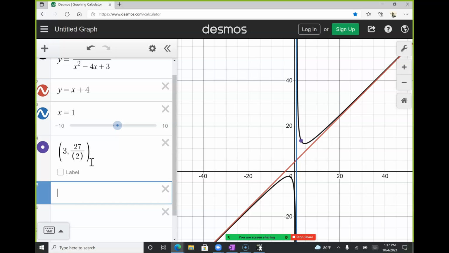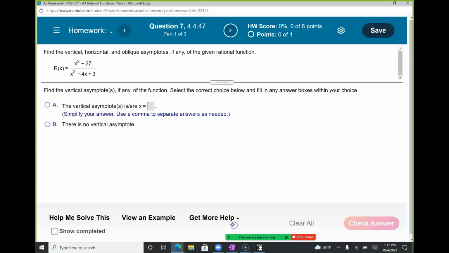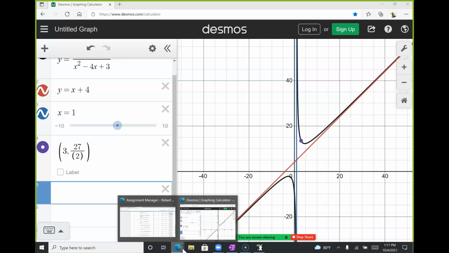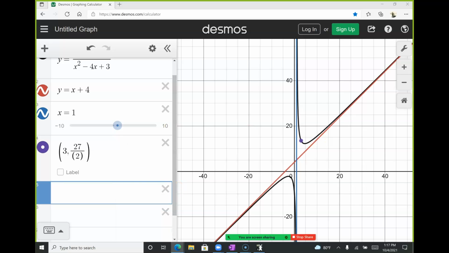It's dense, right? There's lots to write, lots to think about, lots of practice to do here. Let's take a look at that next homework assignment. So just want to look at homework 18 real quick and make sure there's no surprises in there.